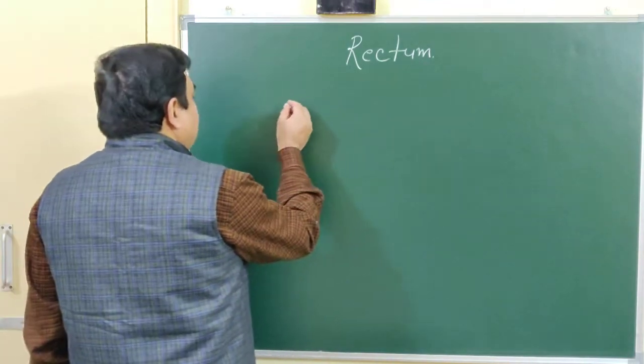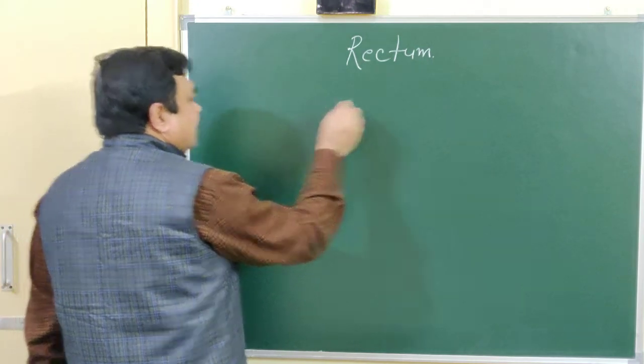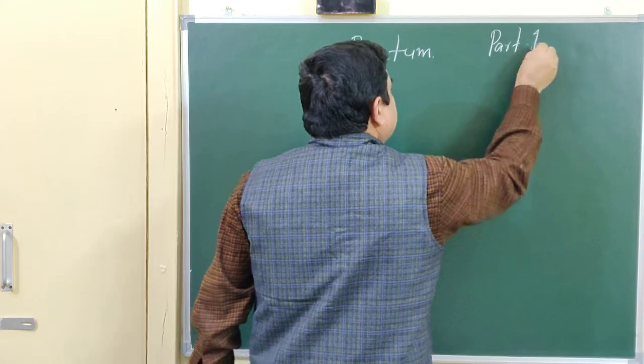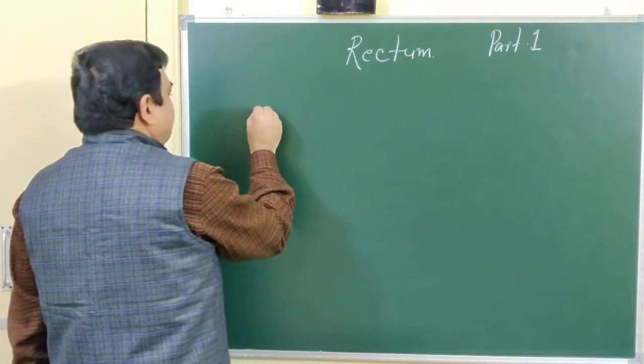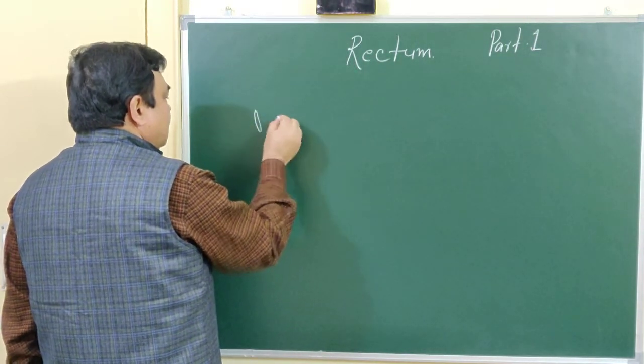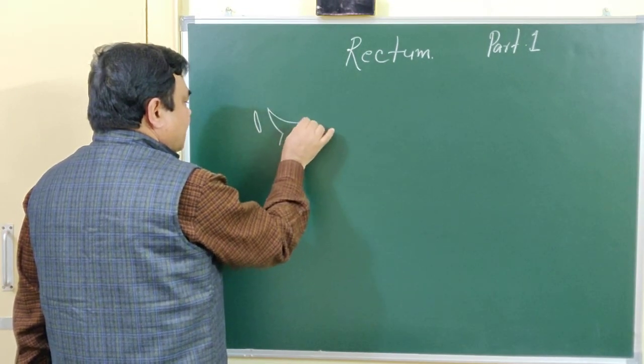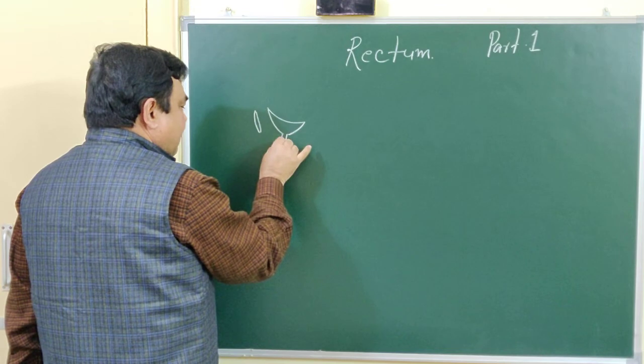Here, you can see in this diagram, this is part 1. There is the urinary bladder.